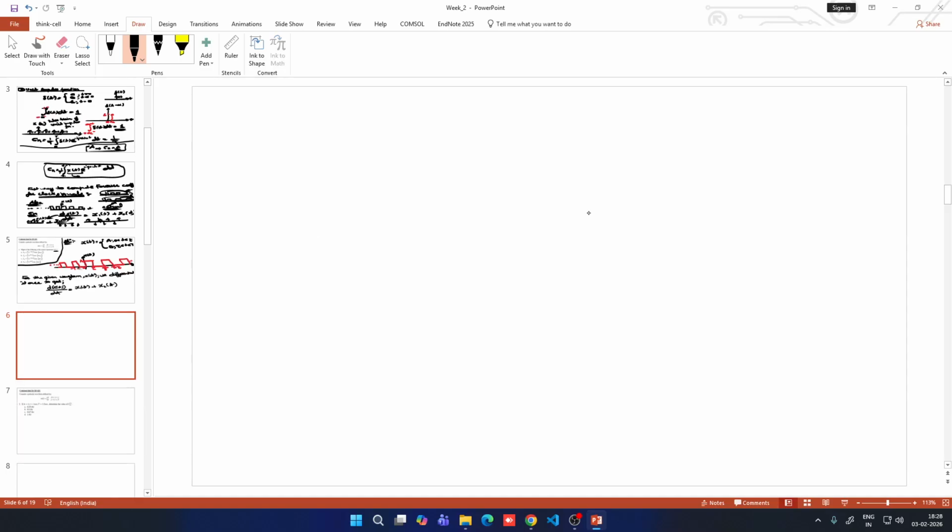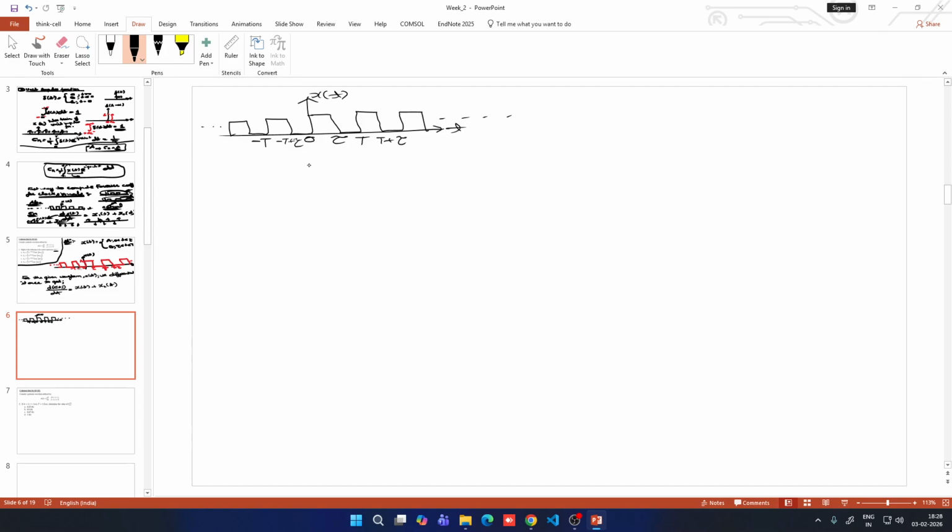Now I will redraw x of t here. Let's say this is our x of t. This is a rectangular pulse train, 0, tau, minus t plus tau, and here t plus tau, and it repeats so on.